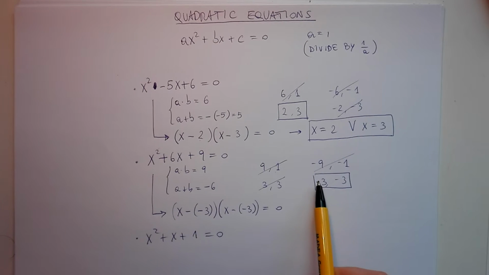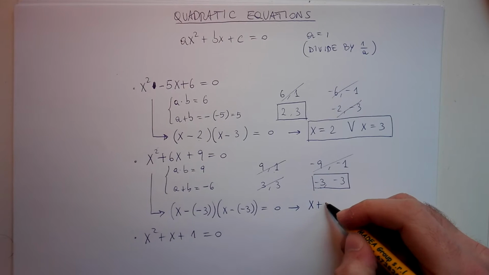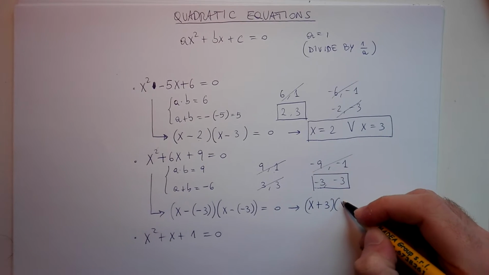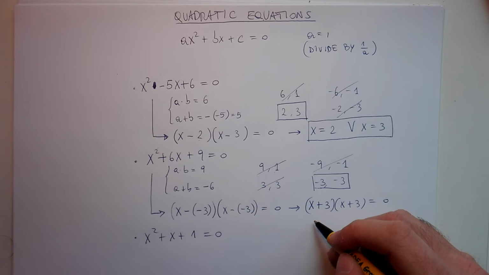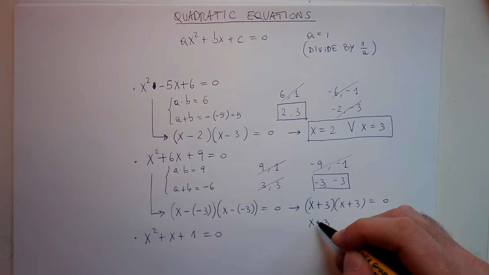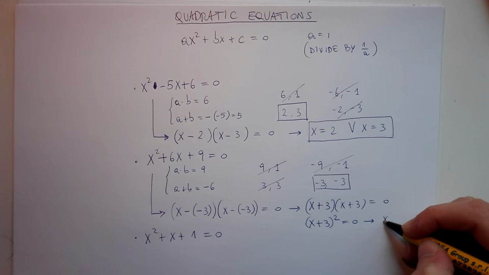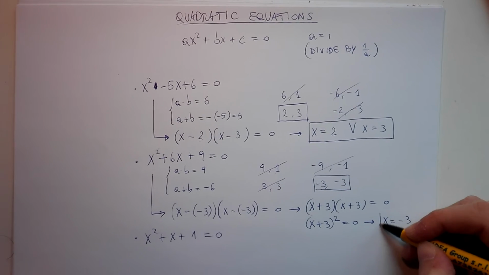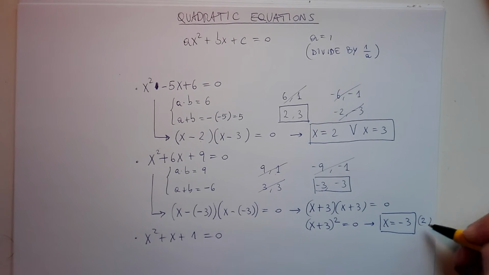If the number you found has a minus, you have to consider both minuses. So then you have x plus 3 times x plus 3 equals 0. That means x plus 3 squared equals 0, and that means x equals minus 3, counted twice.